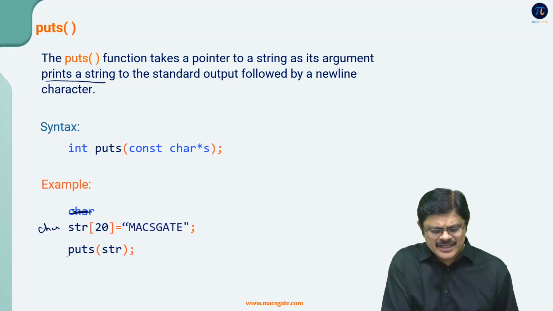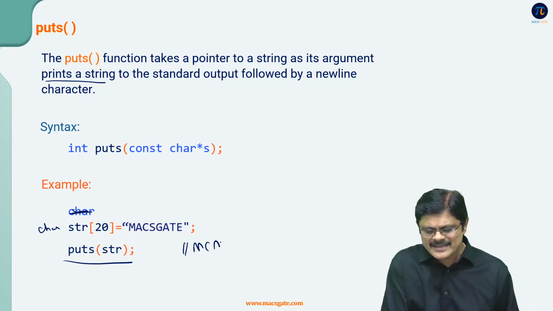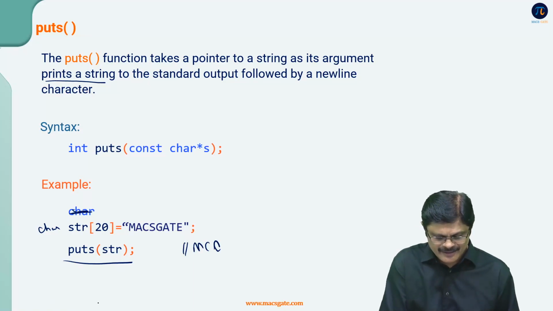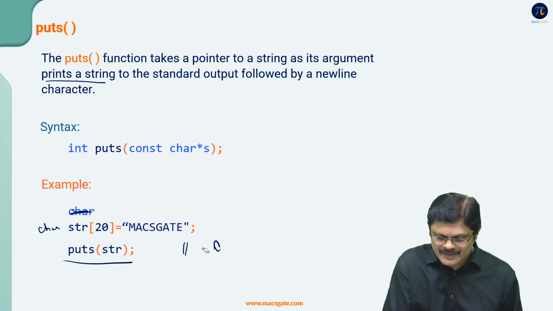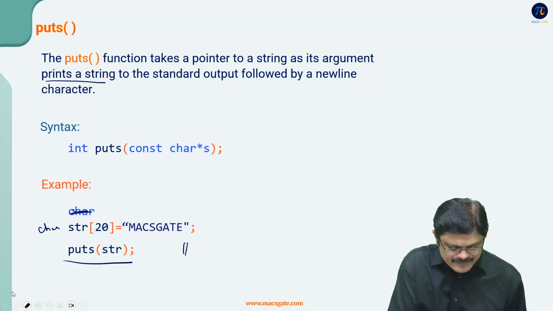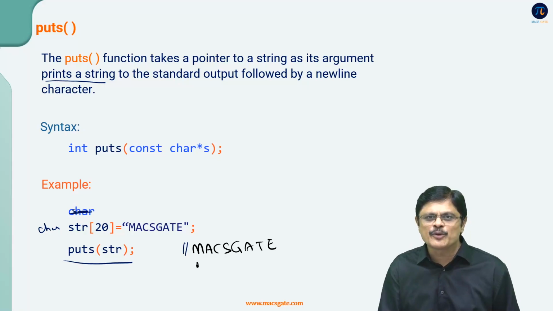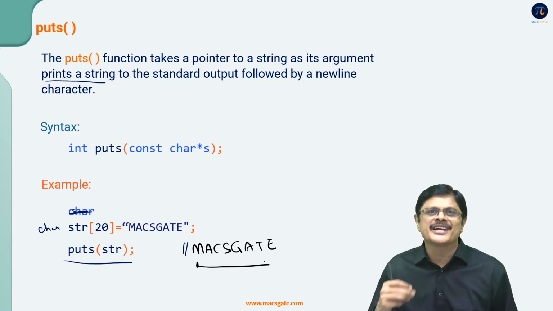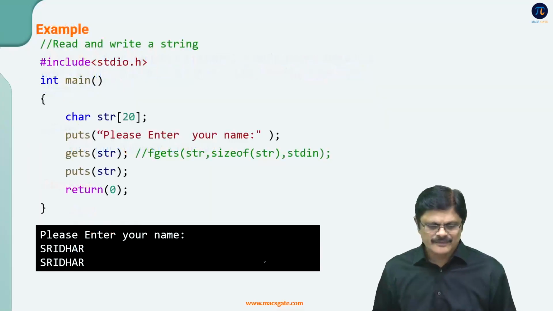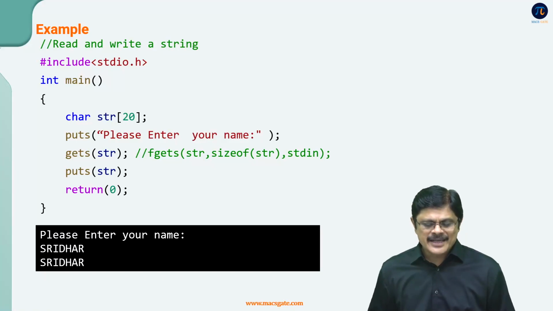So we initialized it, and what it will do is print Max 8. And what happens? The cursor will be here. Suppose after this you are printing something, that will be printed in the next line.